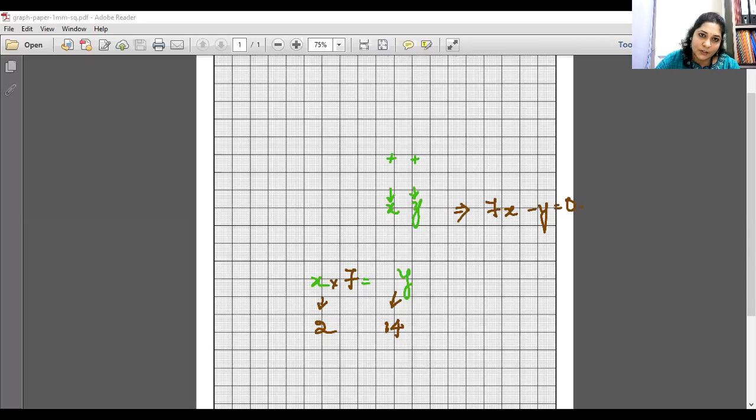Correct? Now, yes, Sakshi, you want to give me one more equation? No, ma'am, same equation. Okay, anyone who wants to give one more equation?